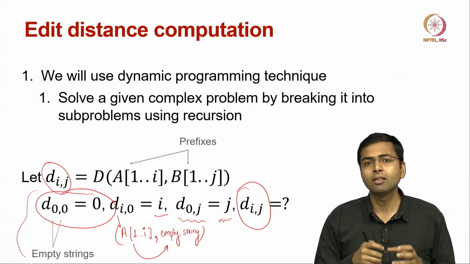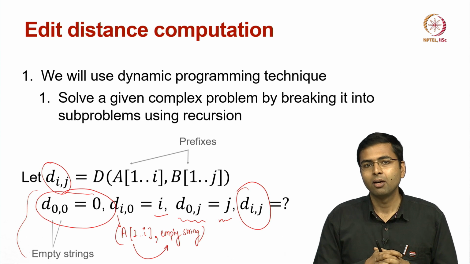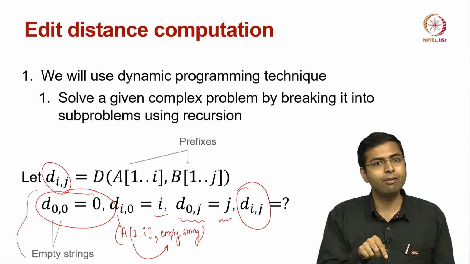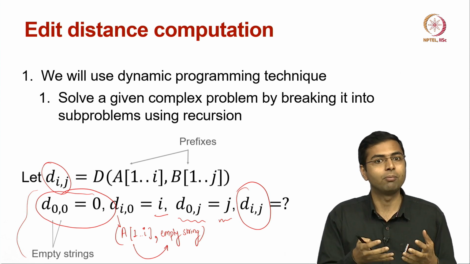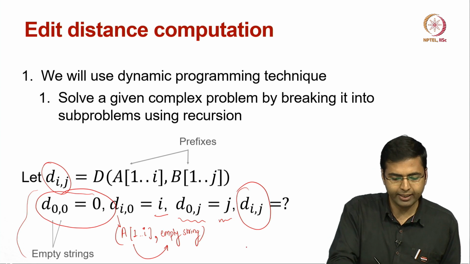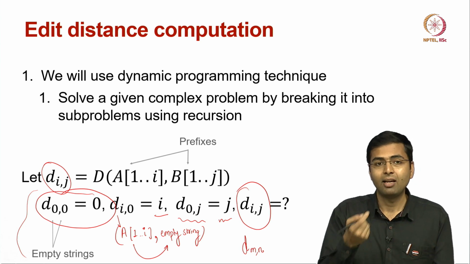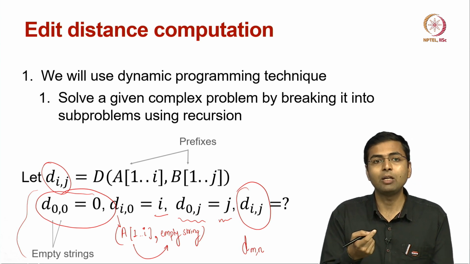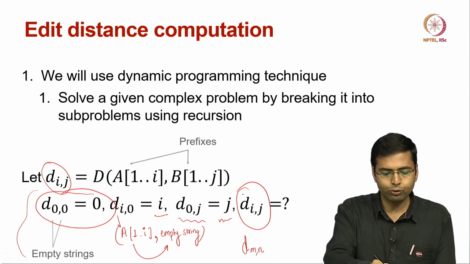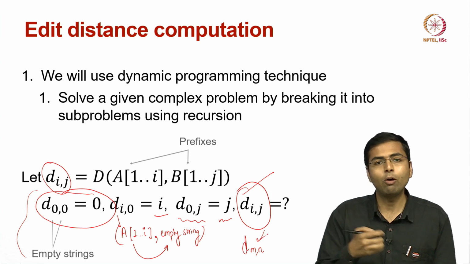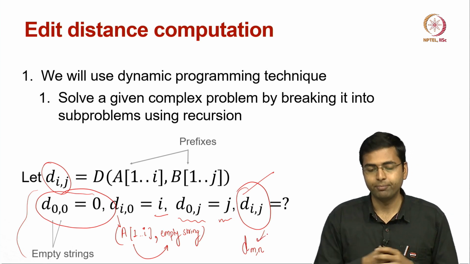How do we solve for this case? Because if we solve for this case, then we know how to solve our main problem. Our main problem is nothing but d(m, n), where m is the length of sequence A and n is the length of sequence B. So, if we know how to solve this, then we also know how to solve our edit distance problem.